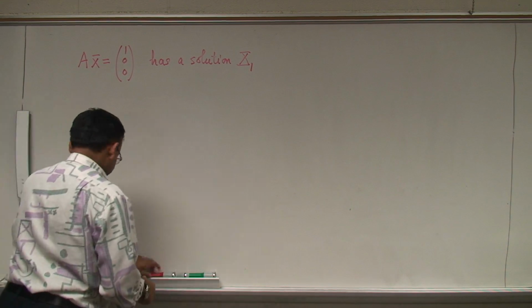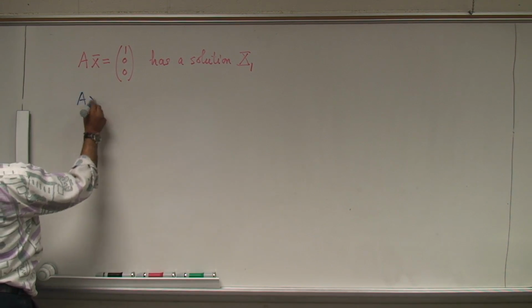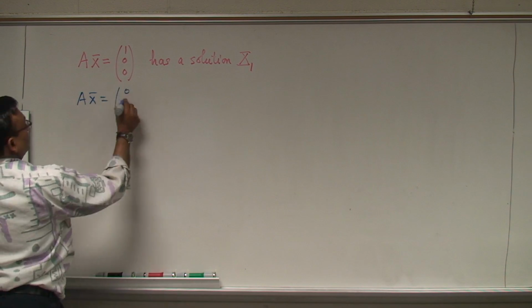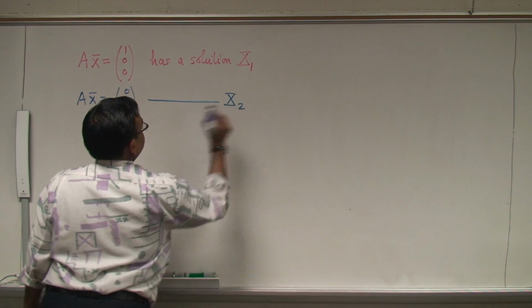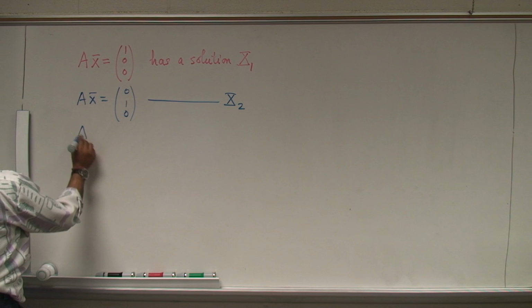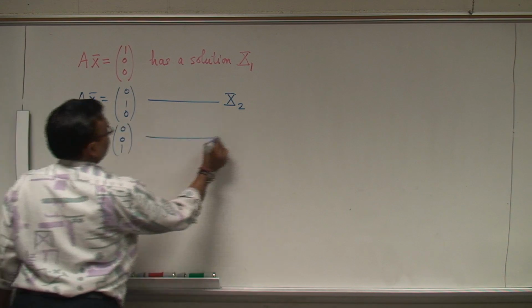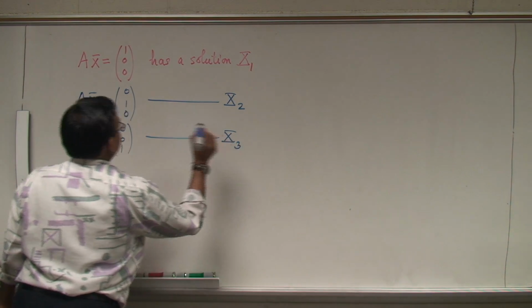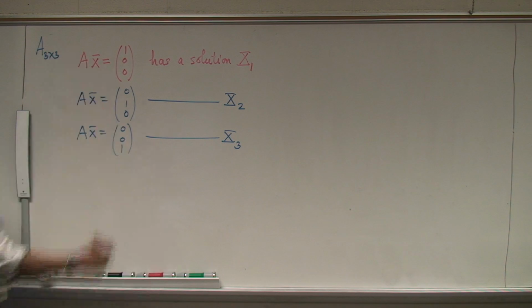Likewise, suppose I know that the system Ax equals (0, 1, 0) has a solution, say x2. And let us say the system Ax equals (0, 0, 1) has a solution x3. So I'm assuming that A is a 3 by 3 matrix with this piece of information given to us.